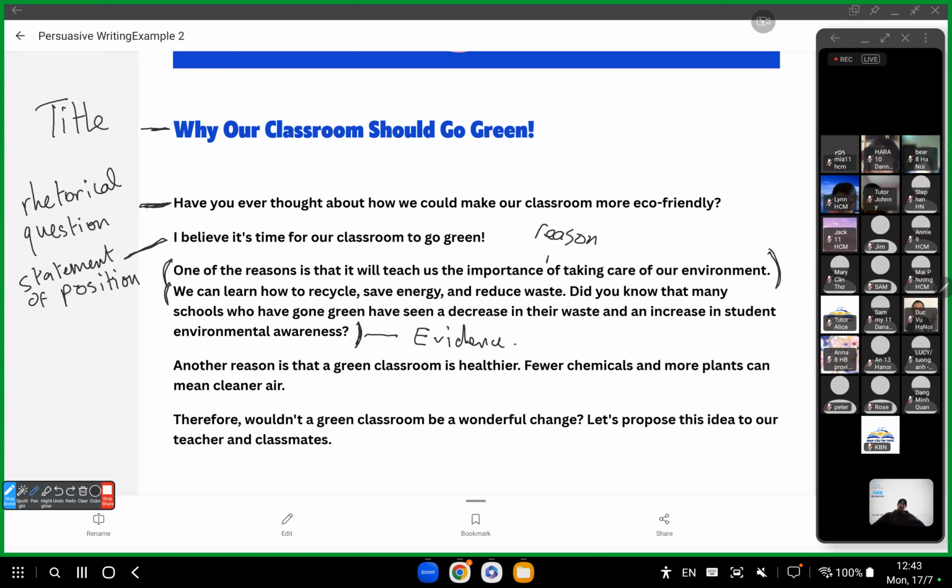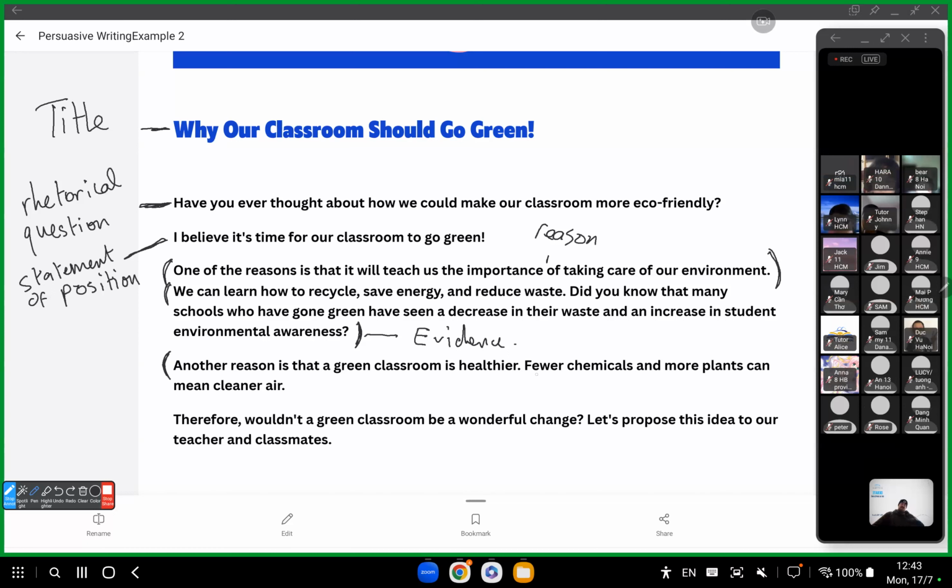So here we go here. Another reason is that a green classroom is healthier. What have we got there?